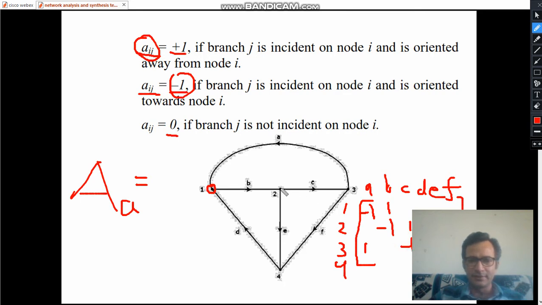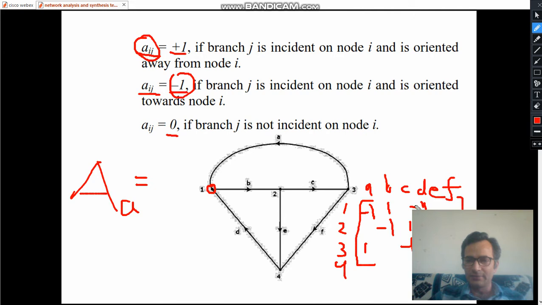And D is from 4 towards 1. E is from 2 towards 4. F is from 3 towards 4.